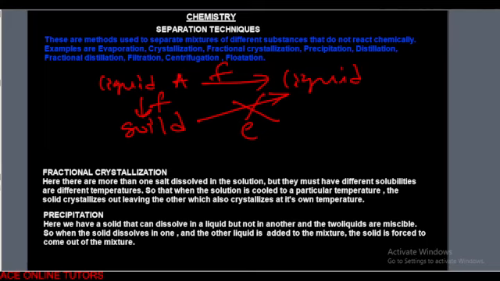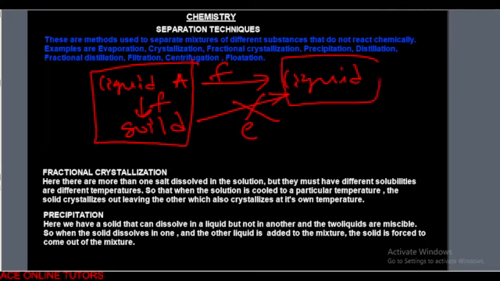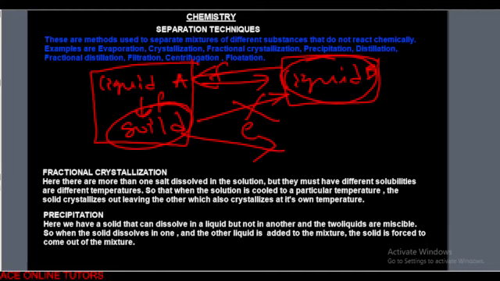Now imagine that these two friends are staying together and liquid B, which is an enemy of this solid, now comes to join them. What will happen? This solid will have to leave because it is not a friend of this particular liquid. That is what we call precipitation.